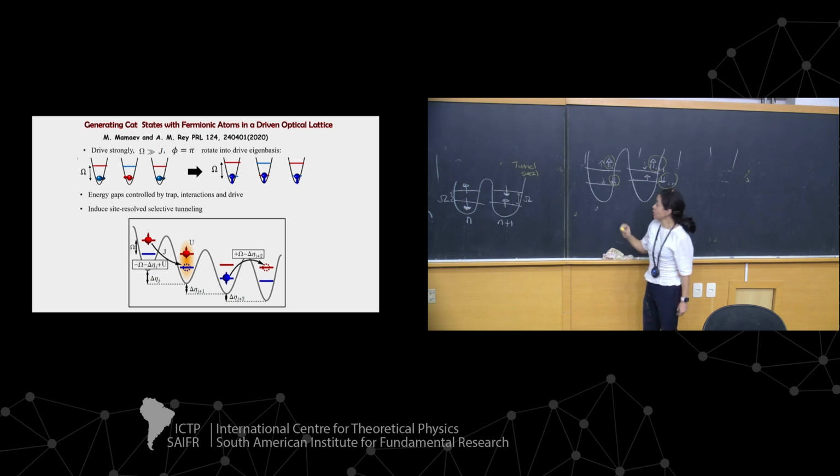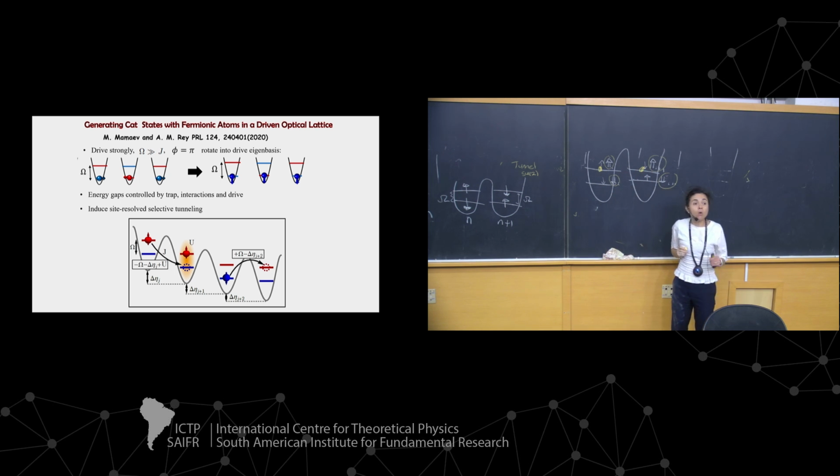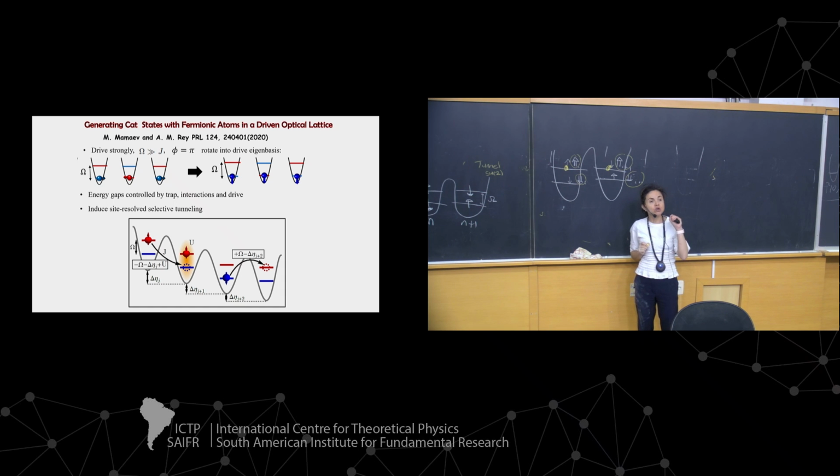But imagine that I have an initial configuration where I have a state here and a state here. Now let me go to the regime where U is exactly equal to omega. What happens when this particle tunnels here?